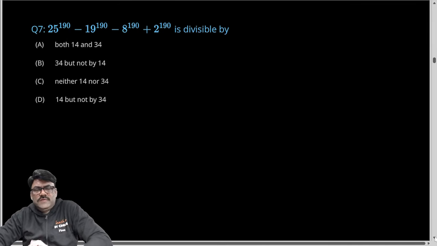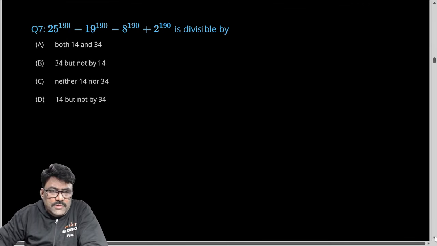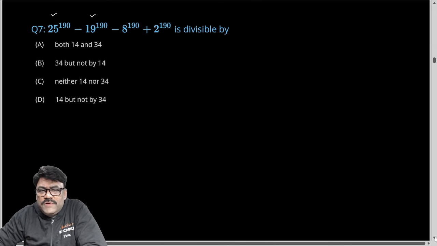Now you can clearly see that the first two terms are odd. First two terms, this term and this term are odd. So their difference will be even. It means the difference of first two terms is clearly even. Now 8 raised to 190 is always even. Power of 8 even, power of 2 even. So last two terms are even. So first two terms are odd, so hence difference is even, and next two terms even.